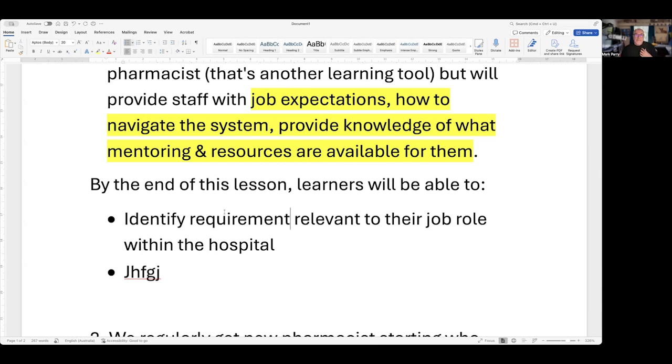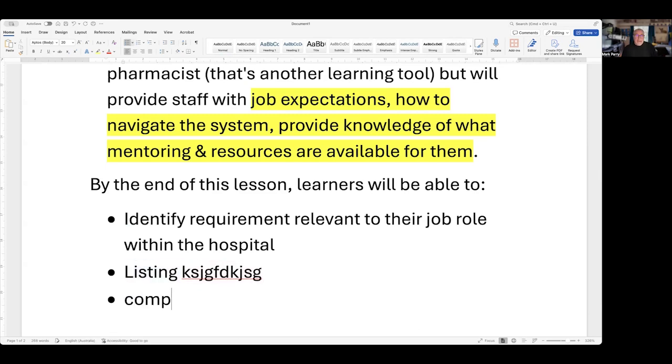If we're looking at job expectations, it could be that we're listing the skills or some other aspect of the job role. You could easily come up with a little piece of learning that is more than adequate for our assignment, our assessment, that's just about job expectations. So if that's the case, you would say identify something or other. You might list, you might compare something.